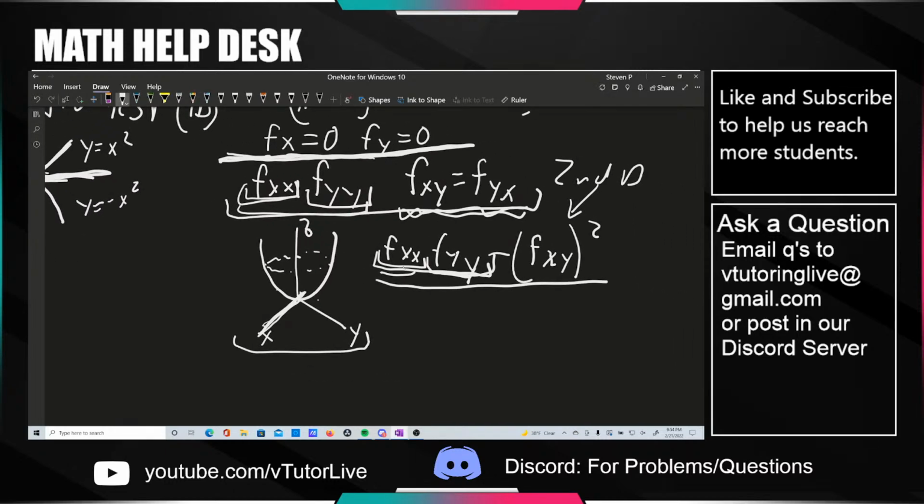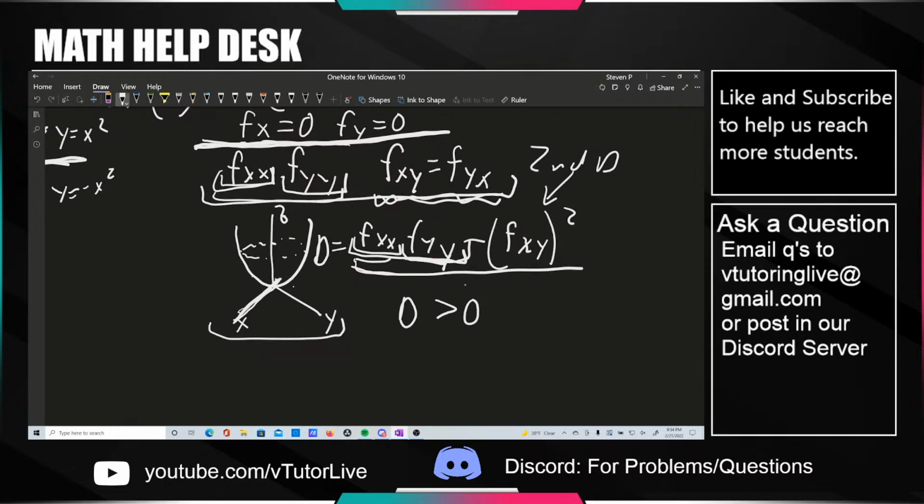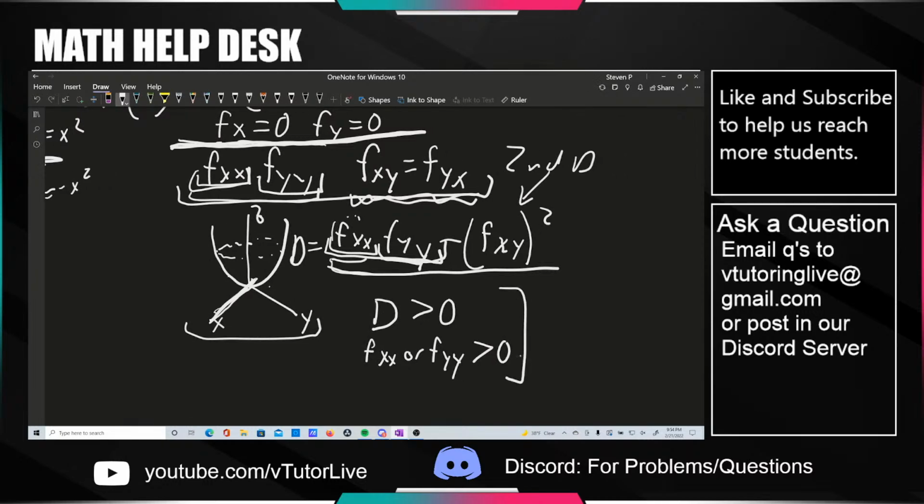And then if you can show that this quantity, I think they call it capital D, is greater than 0, and fxx or fyy is greater than 0, that's enough to conclude that it's a minimum, which is what we would expect here, right?